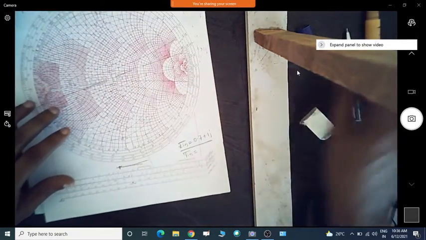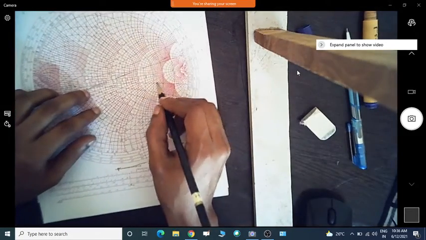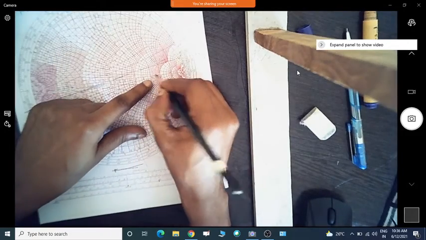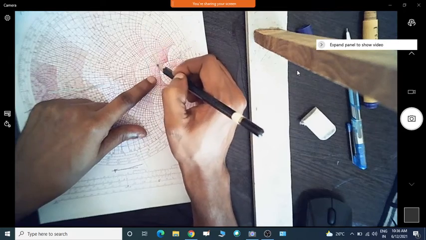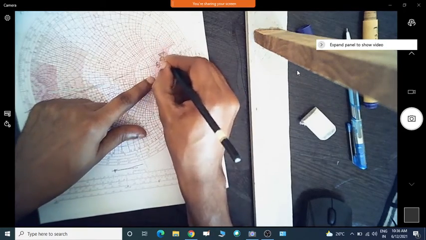Try to find out where 4 plus j2 is. This is 3 and 4, so 4 plus j2, 2 is here. So this is the point where we have ZL bar.